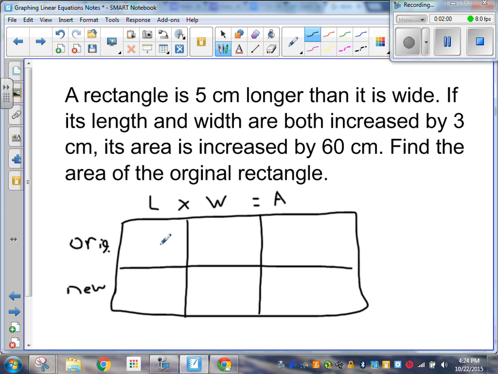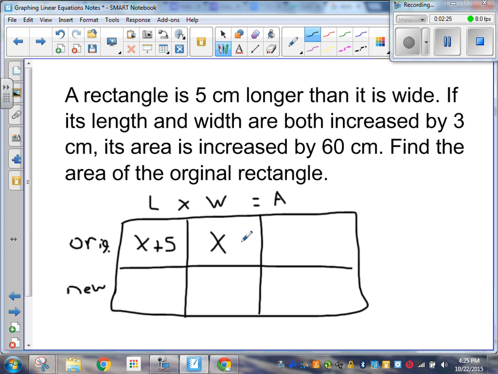Yeah, and you should say, well, it's 5 centimeters longer than it is wide, so call the width x, call the length x plus 5. Now, to be fair, you could also say this is x minus 5, and that this is just x over here, if you want to call it the length x, but we'll go with this for now.